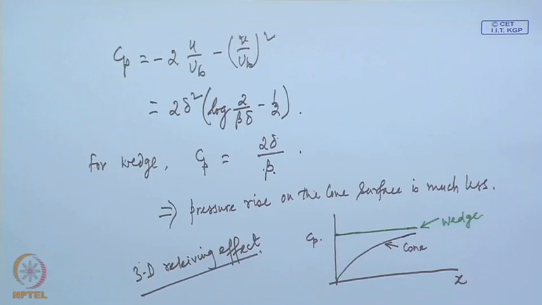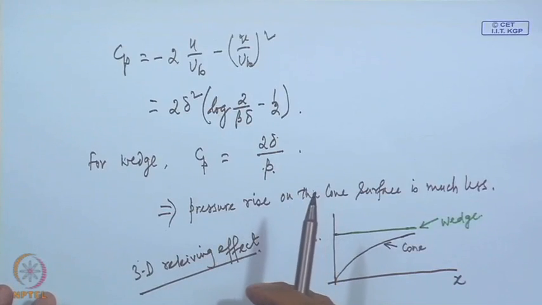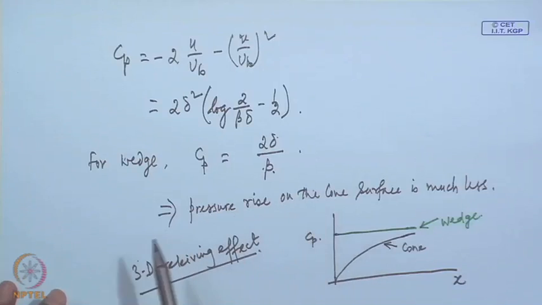As a consequence, in 2 dimensional flow the flow has not that additional direction available for adjusting, while in case of a 3 dimensional object there is an additional direction available in which the flow can adjust itself, and consequently the effect of the body is much less on the flow and the pressure on this body is much less.